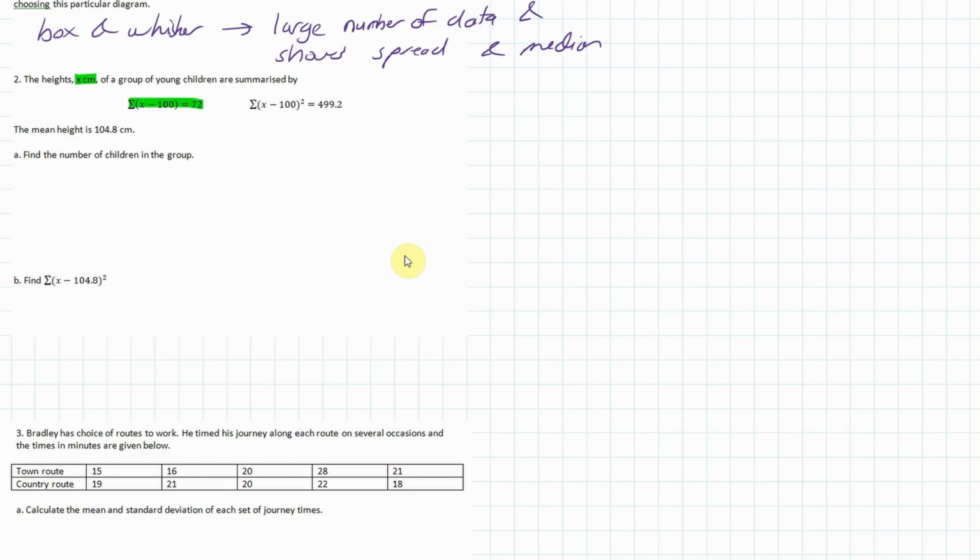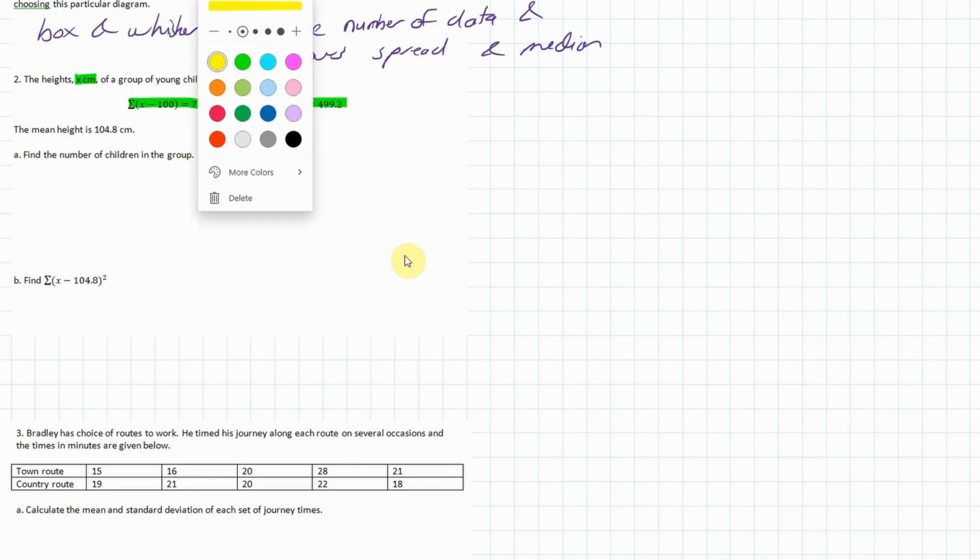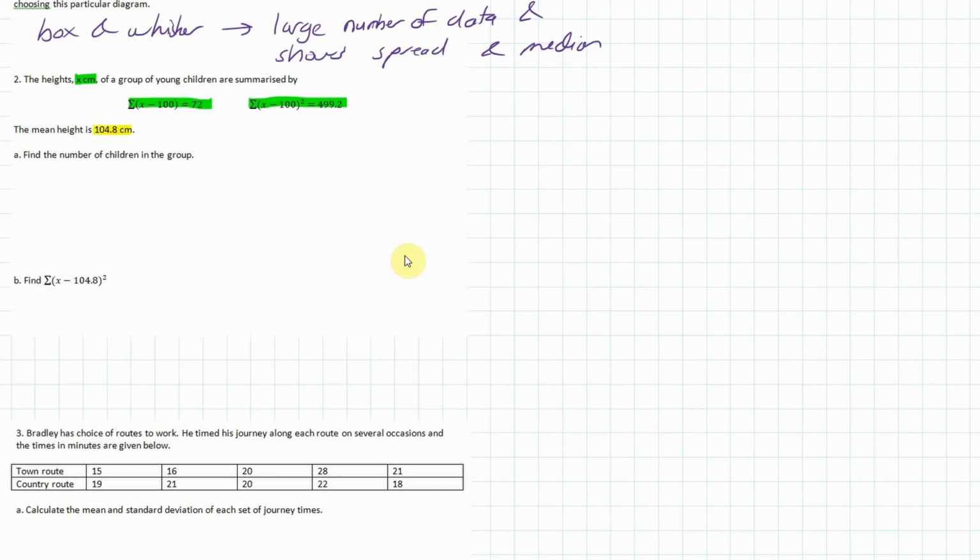The sum of each piece of data minus 100, added together, gives us 72. The sum of the squares of each of those is 499.2. The actual mean height of the children is 104.8, and we've got to find the number of children in the group.